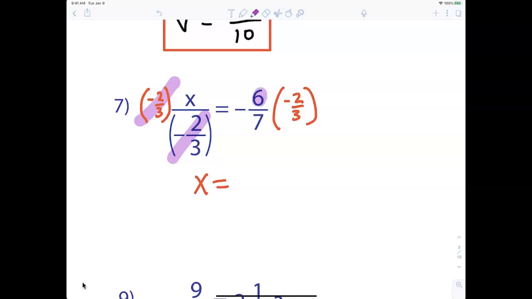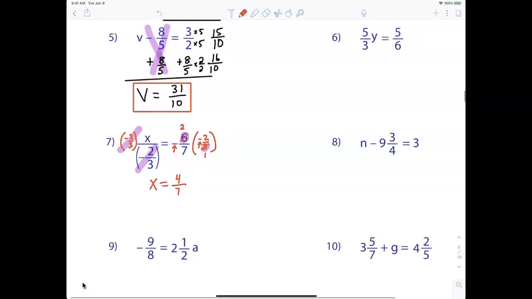This time, however, the 6 and the 3 can be reduced. 6 divided by 3 is 2, 3 divided by 3 is 1. So our final answer is now we multiply 2 times 2 is 4, and 7 times 1 is 7. And I always go back and just double check. There's a negative there and a negative there, so correct answer, positive 4/7.